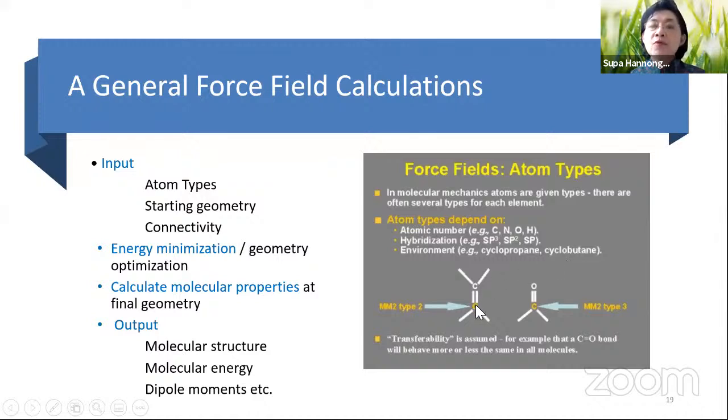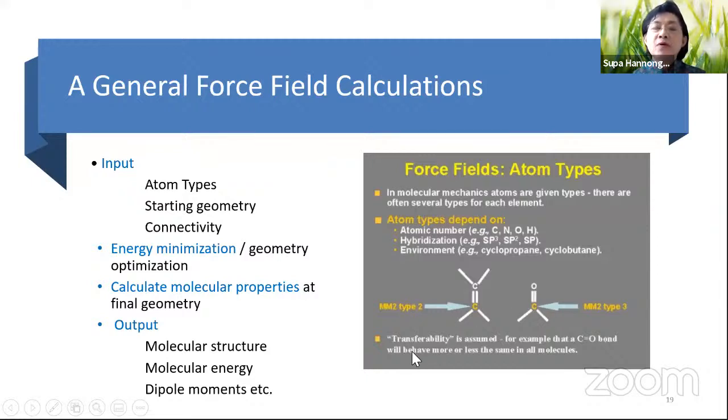So for the atom types over here, in the first case, you can see that for an alkane, ethene, and carbonyl group, the atom type is different. Okay, so you can define, like, type 2 carbon atom or type 3 carbon atom.